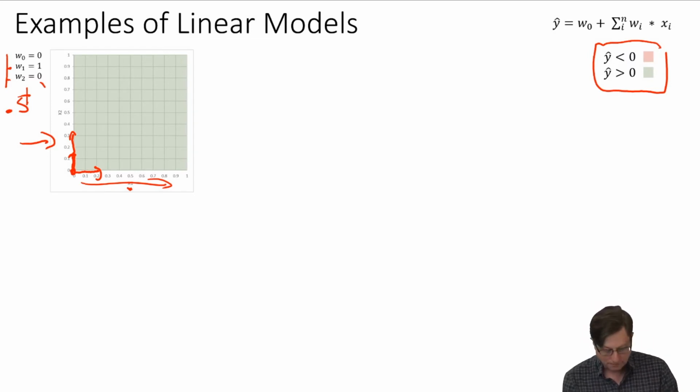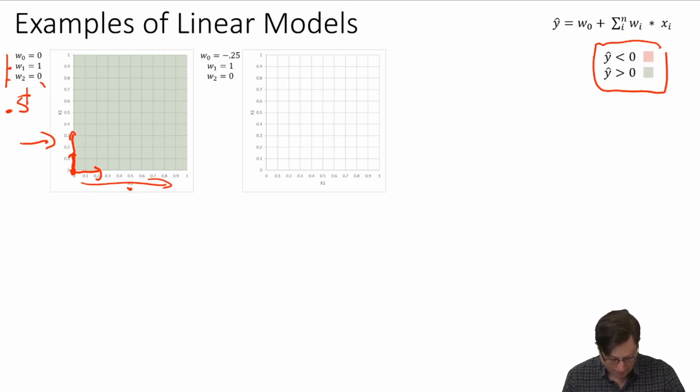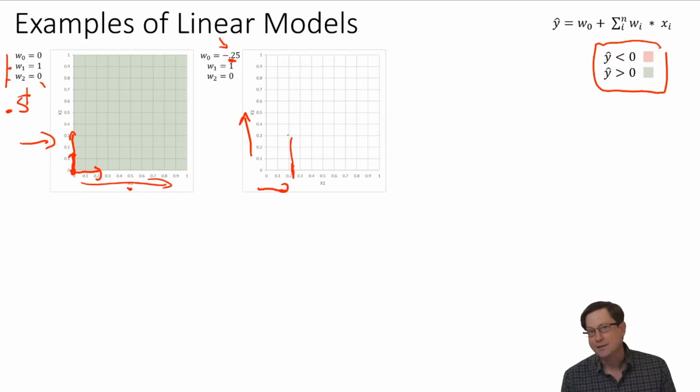Probably not that useful. Okay, let's deal with this model. This model is the same as the last one, except that we have the bias weight of negative 0.25. So again, going in this direction doesn't do anything. Going in this direction, you start off at negative 0.25. So once you get to 0.25, this is the line where the answer is 0.